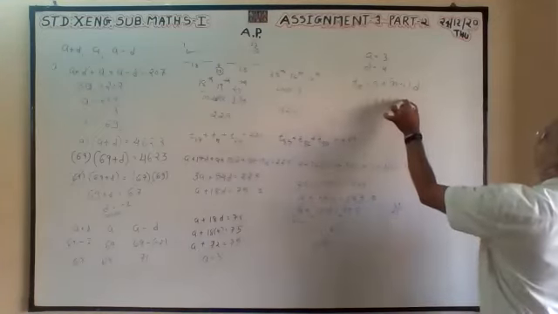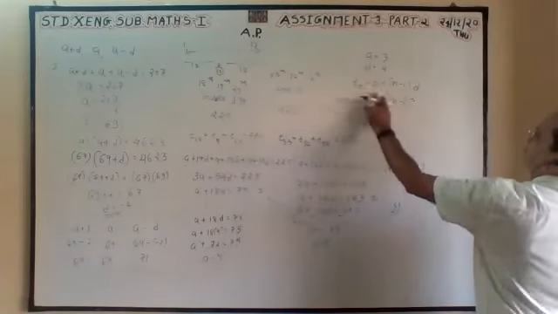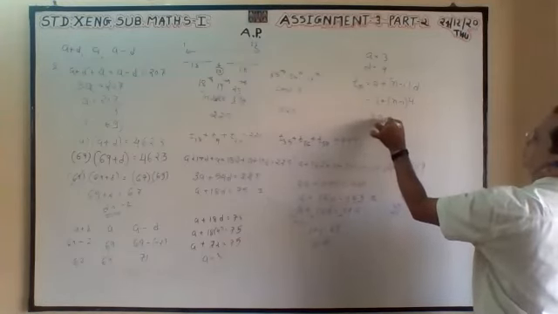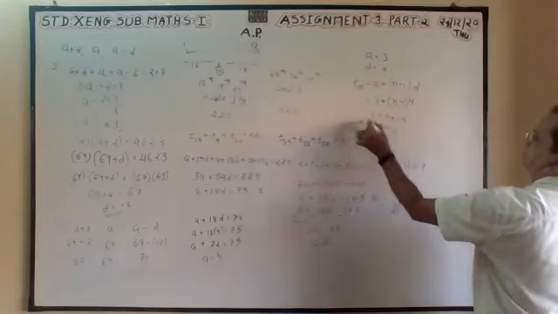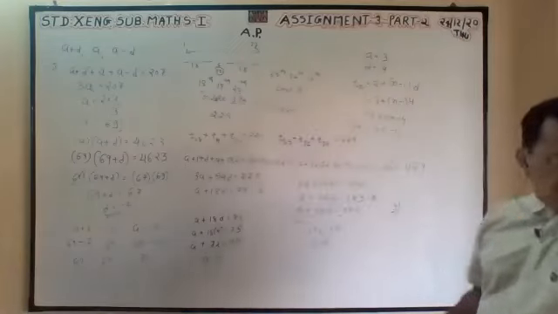N is not given, sorry. A is 3, D is 4. This is your final answer.